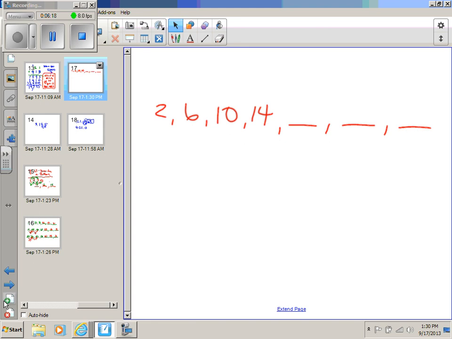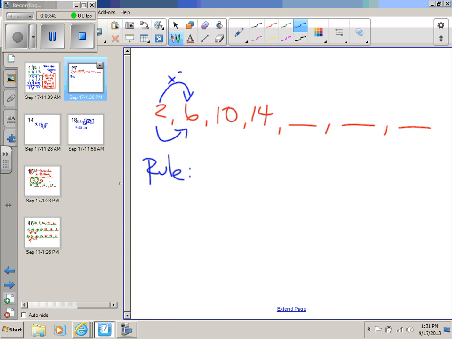So as I look at the sequence from 2 to 6, now there's two possibilities. I can either be adding 4, or how else could I get to 6 from 2? Times 3. Okay? So let's double check. I could either be multiplying by 3 or adding 4.